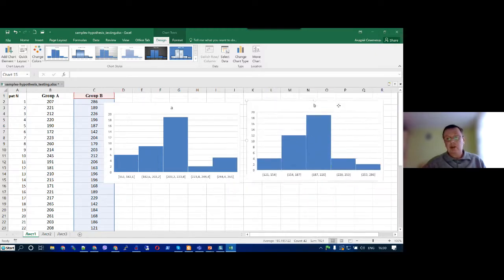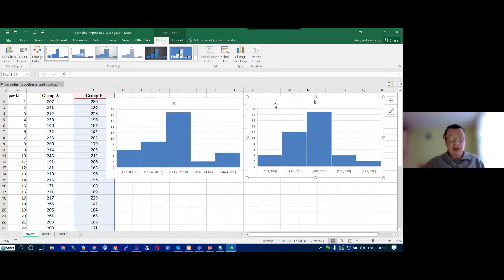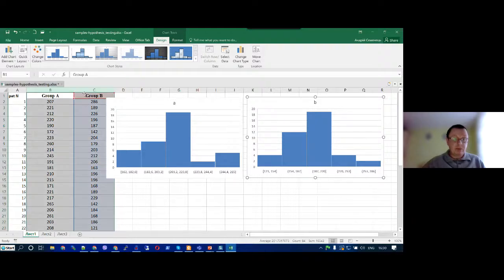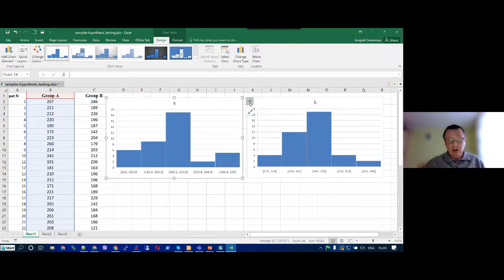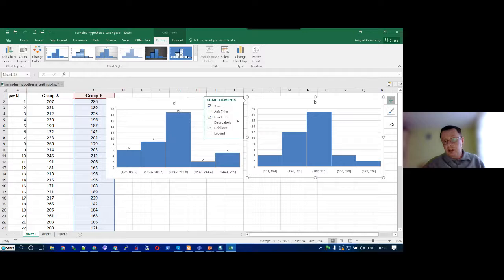So here we have something much more similar to a normal distribution, which I will talk about in seconds. And if I want an even better representation, it's fine to use labels on the histogram.